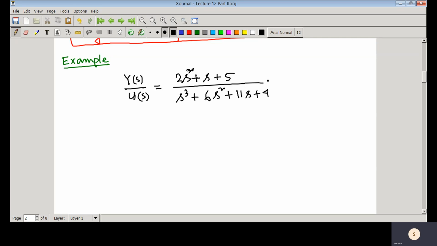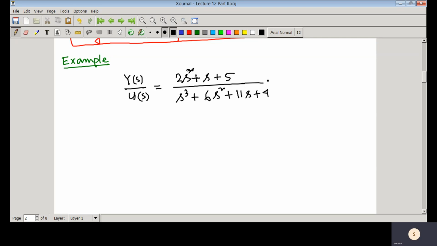Here, just to learn those two specific structures, I am realizing this particular transfer function in them. It is not mandatory that you always realize it in that structure; you can do it in any arbitrary structure. But if you are asked to do it, you need to follow this particular technique.